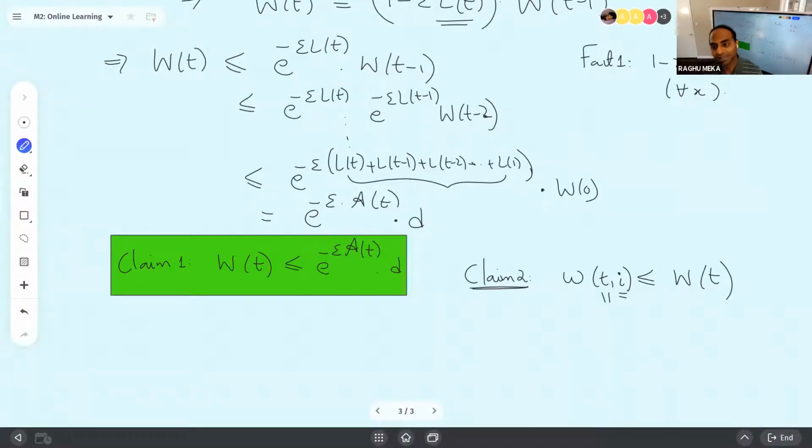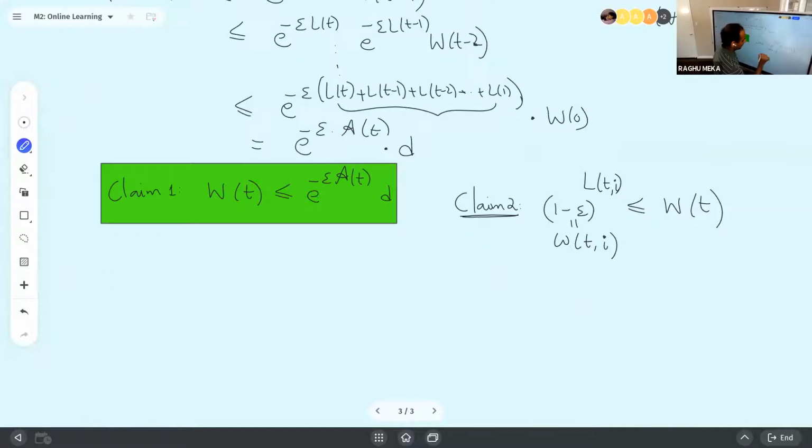So after T days, if they incur a total loss of some number, then their weight is just 1 minus epsilon raised to that power.